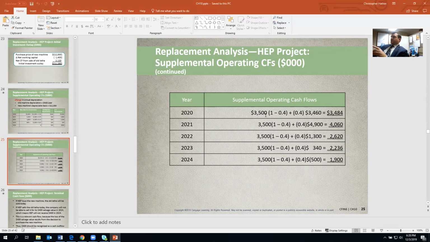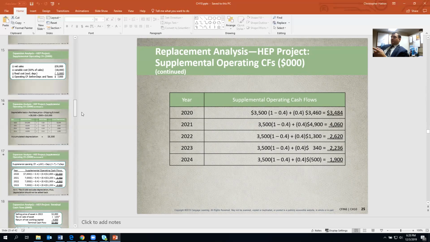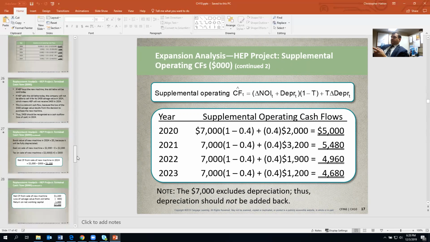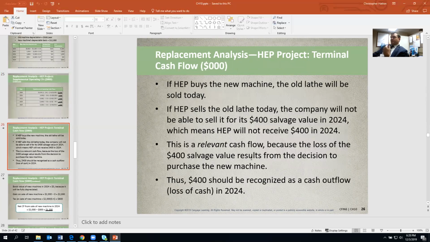Remember that formula? That's net operating income plus depreciation times 1 minus the tax rate plus tax times your change in depreciation. So that formula is all the way back up here. This one right here. And then you get your supplemental operating cash flow numbers, which then you do your analysis with those.